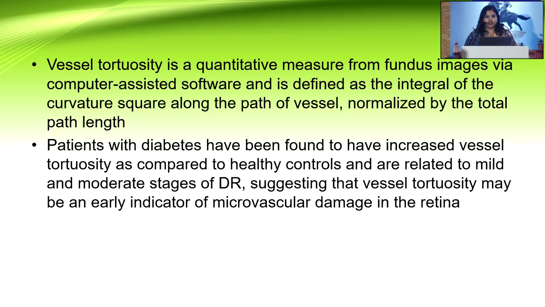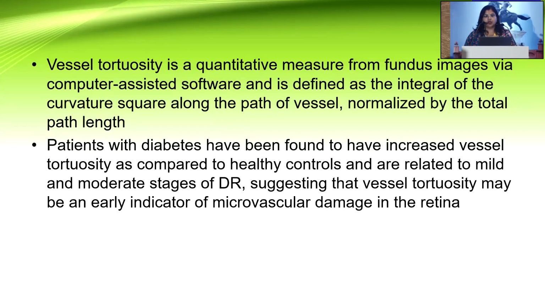Vessel tortuosity is also a quantitative factor from fundus images via computer-assisted software. It is an integral of the curvature square along the path of the vessel. Basically, this is a parameter, and patients with diabetes have increased vessel tortuosity as compared to healthy controls, and they're related to mild and moderate stages of DR, suggesting that vascular tortuosity may be an early indicator of microvascular damage in the retina.